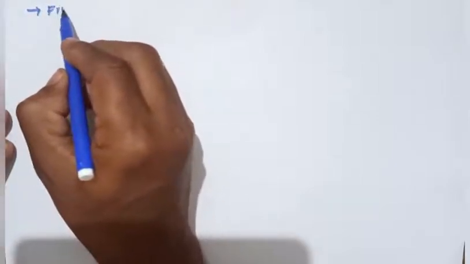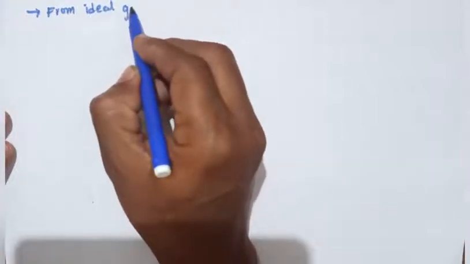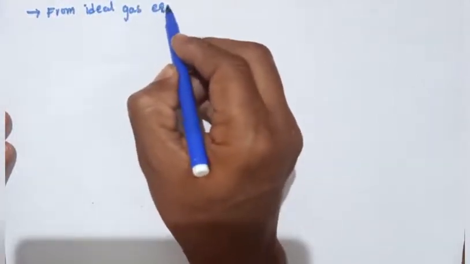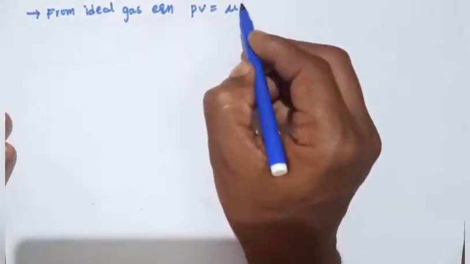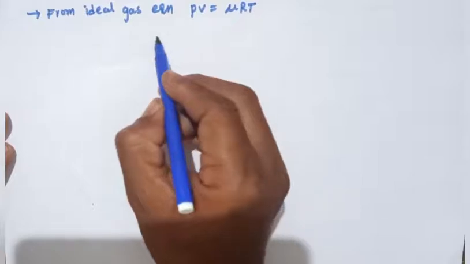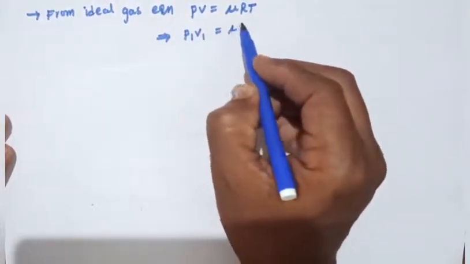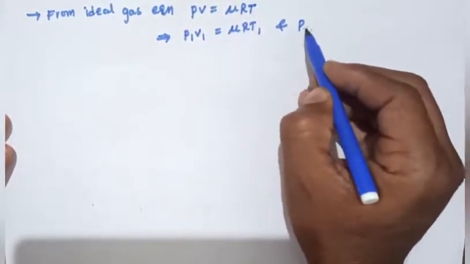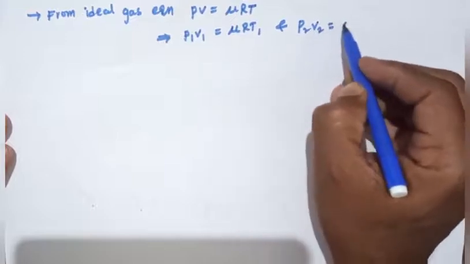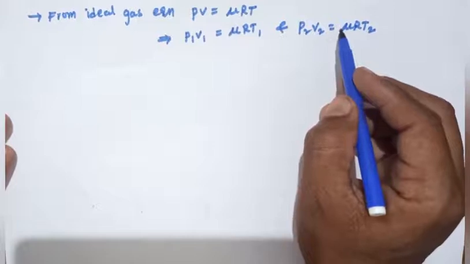From the ideal gas equation, PV equals to mu RT. It can also be written as P1 V1 equals to mu RT1 and P2 V2 equals to mu RT2. So this is substituted in equation number 6.